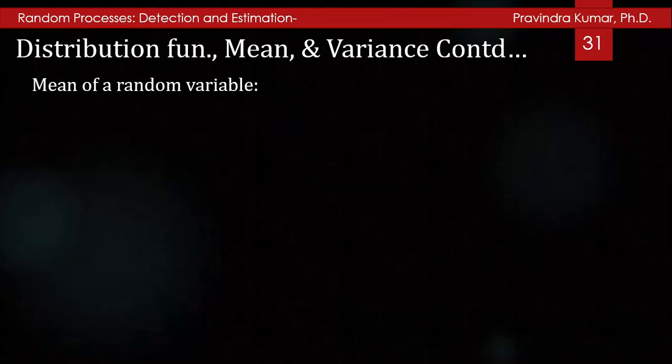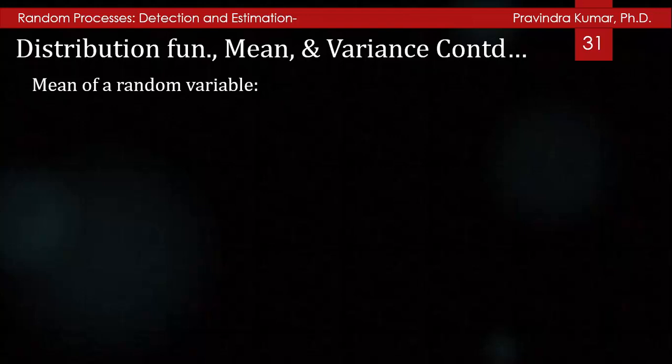The important concept in probability and statistics theory is the mathematical expectation, or the expected value, or the mean, or the statistical average of the random variable. Now we will discuss first the mean value.